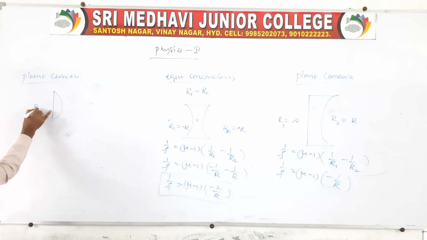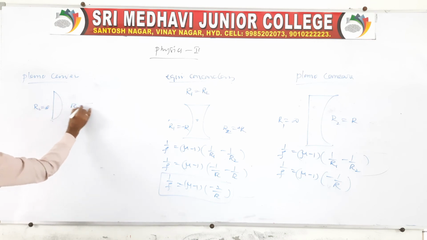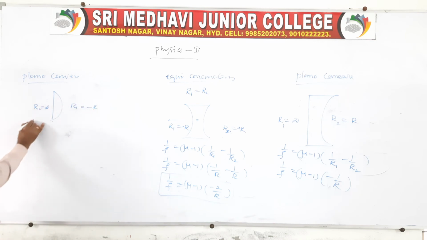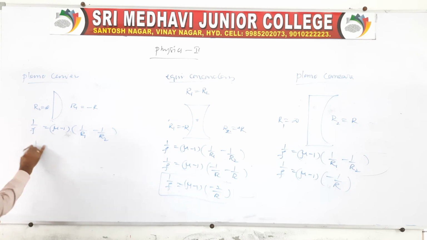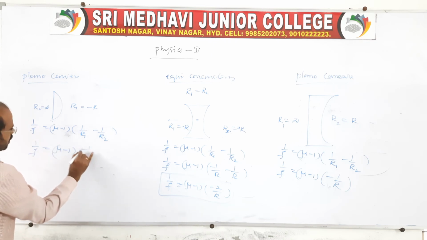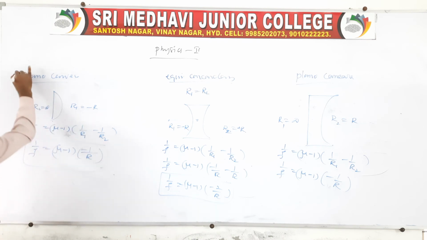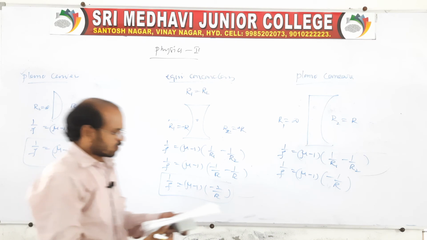This surface R2 is equal to infinite, R1 is equal to, of course, minus R. So here we'll get 1 by f is equal to mu minus 1 into 1 by R1 minus 1 by R2. So 1 by f is equal to mu minus 1 into 1 by R. This is about plano convex and plano concave.